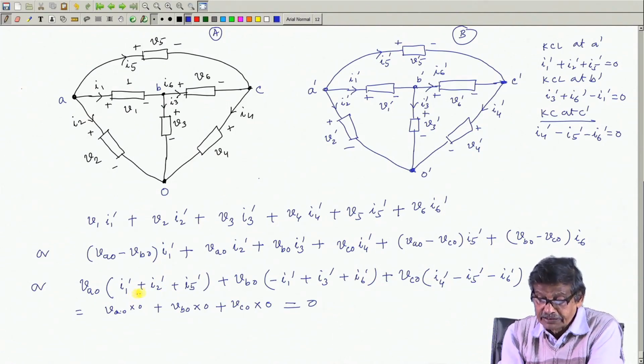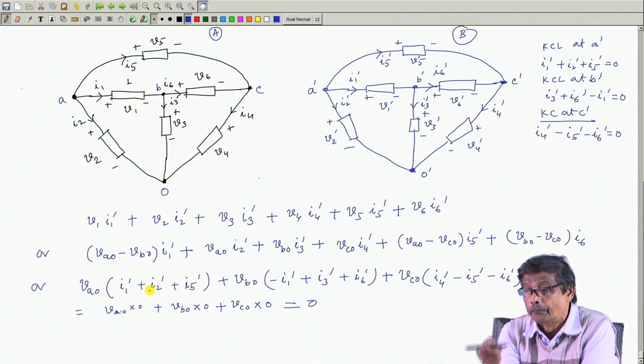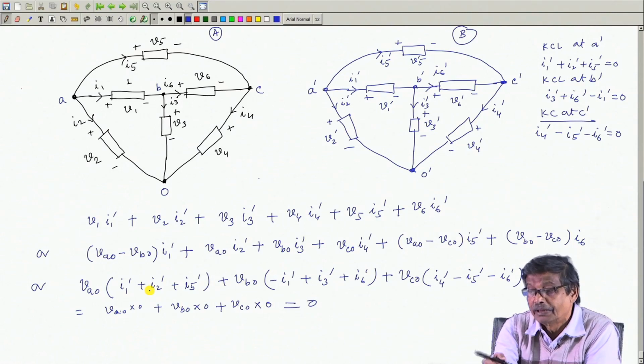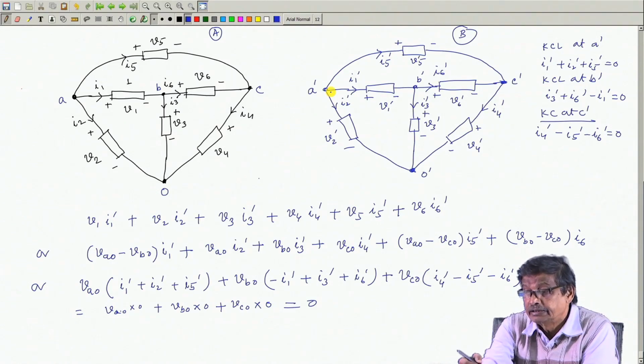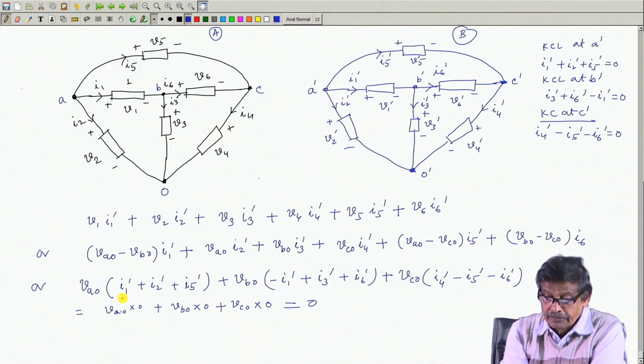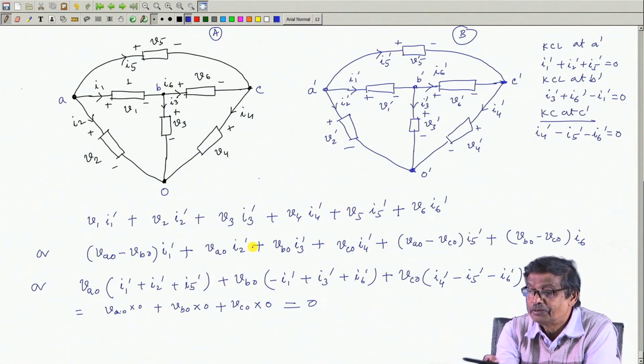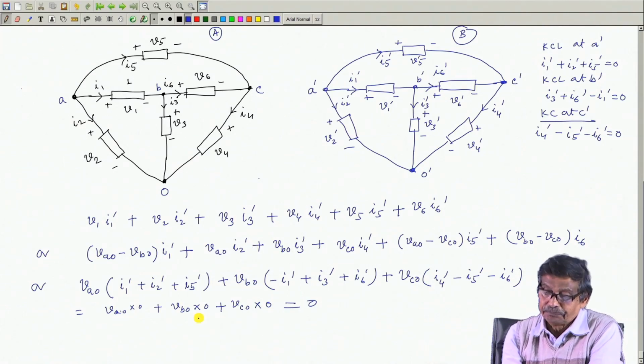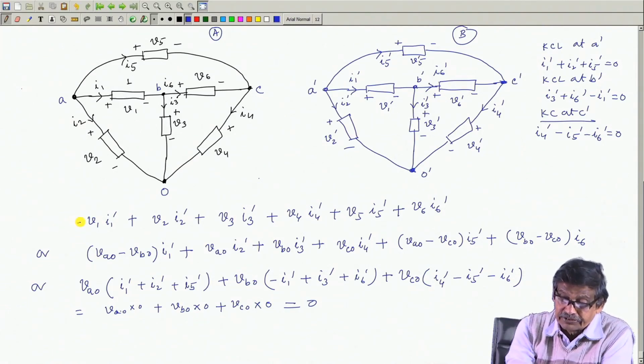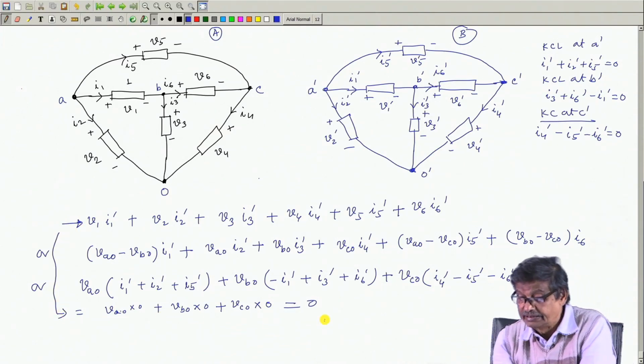But I1 dash, I2 dash and I5 dash when added must be 0, because it is the compulsion of this network to satisfy KCL at all the nodes A dashed, B dashed and C dashed. So VA0 is multiplied with a term which is KCL at nodes A dash, B dash, C dash, and they are 0. That is why we started with this and then came to this to establish that this indeed is 0.